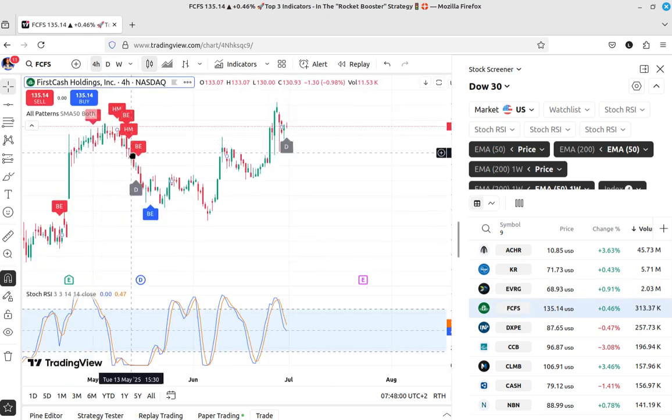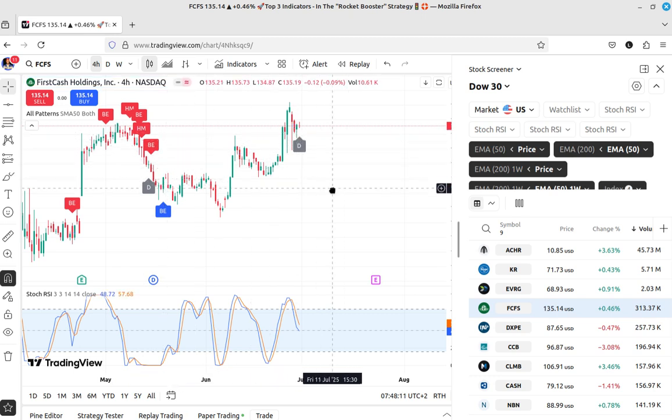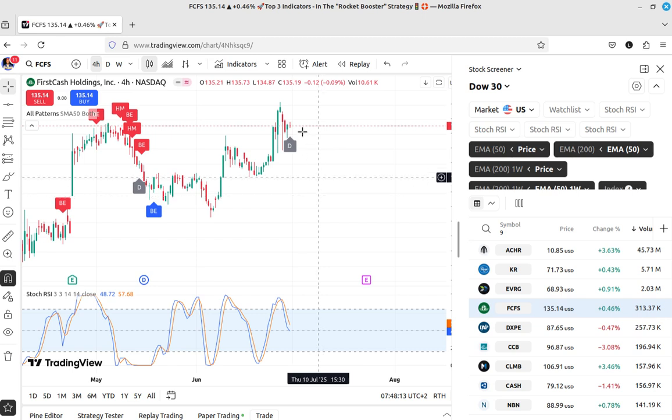You can see there's heavy resistance in this area here. We have a support here, and we have a new support on the doji right here.